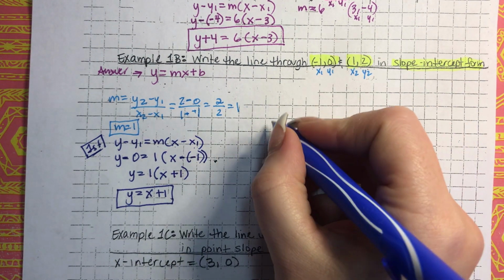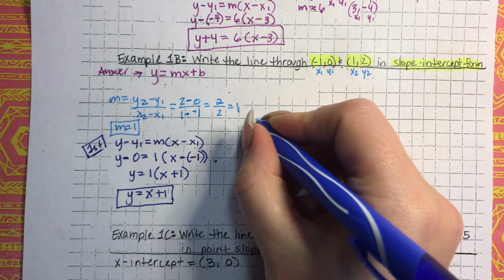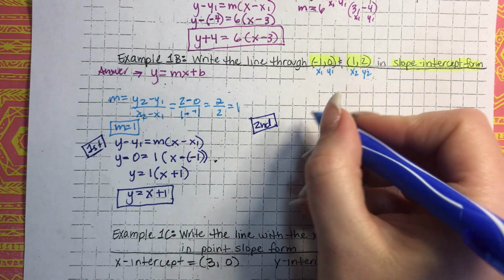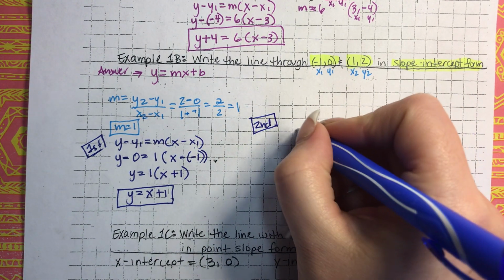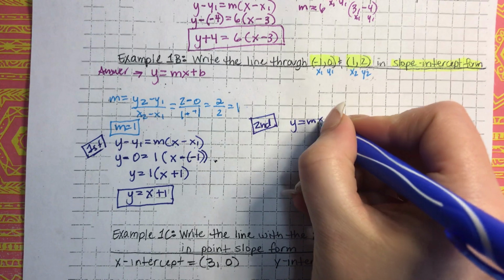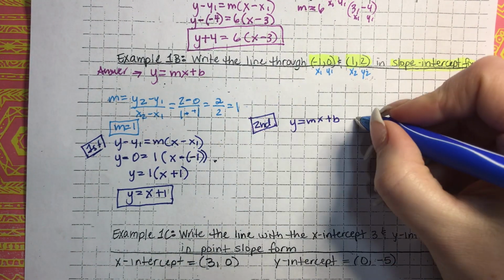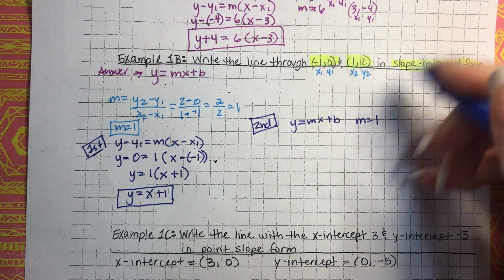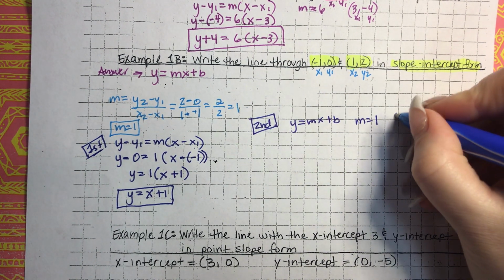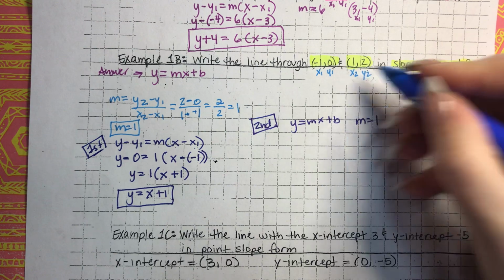The second way to solve this would be to do it like we did in the warm-up, where we take that equation, y equals mx plus b, and then we're going to say our slope is equal to 1, so m equals 1. We're going to take a point. It doesn't matter which of those 2 points.